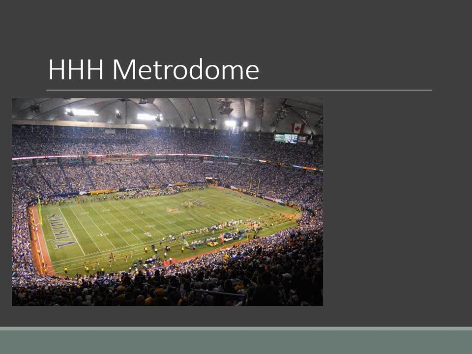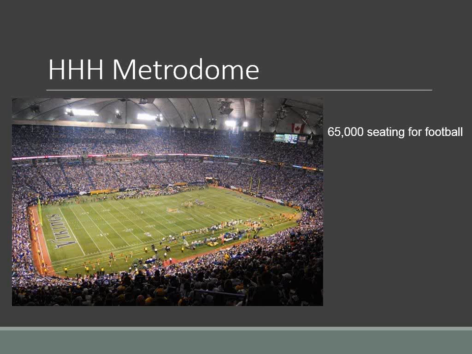So that gives an example of how to write a ratio when we have words and we're building it up. And I like to use this example of the Metrodome, and I know the Metrodome doesn't exist anymore, but our students kind of still like talking about it. In the Metrodome, if it was set up for the football configuration, it sits about 65,000 people.